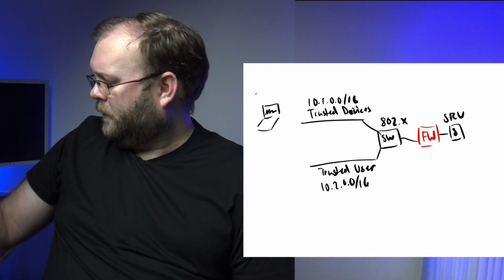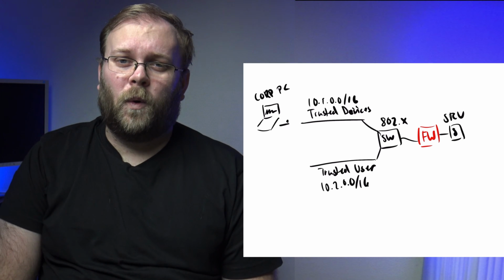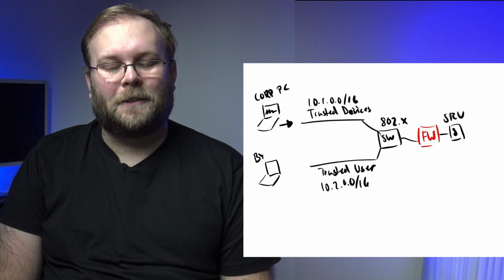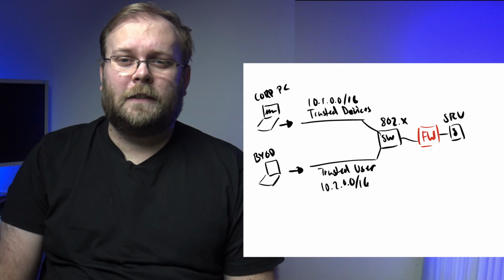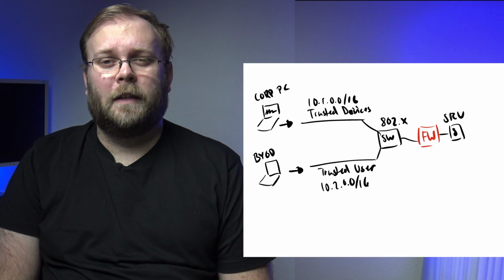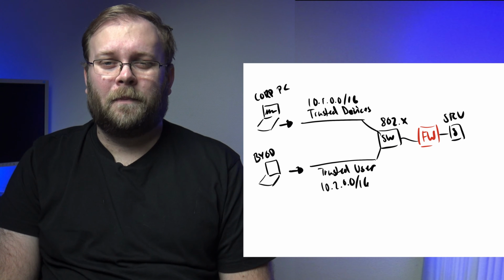So if a user has this device or a corporate laptop, they will have different access to the systems. And the reason for this is that the corporate device you control. IT can patch it, they can make sure that it's up to date.